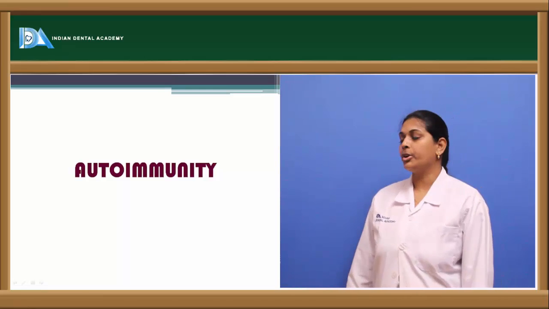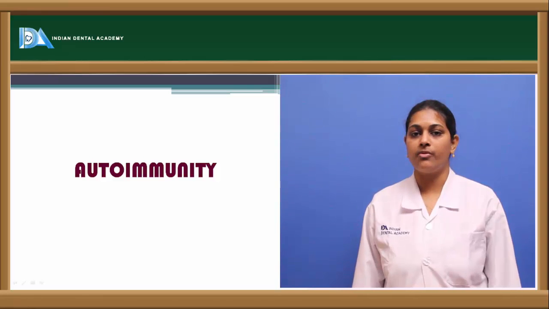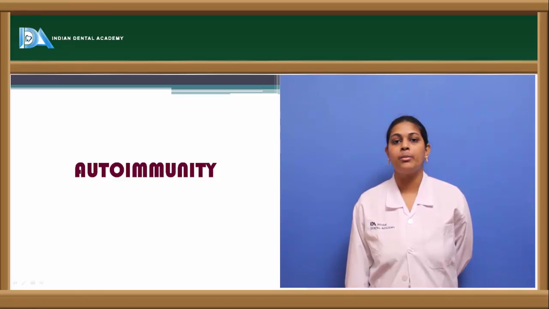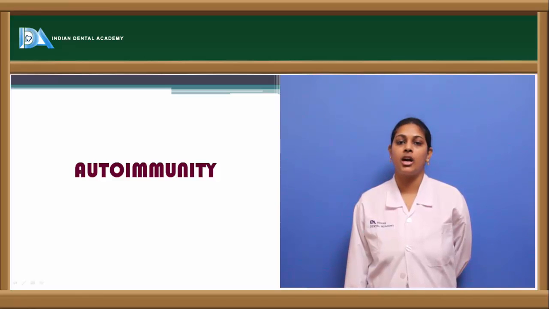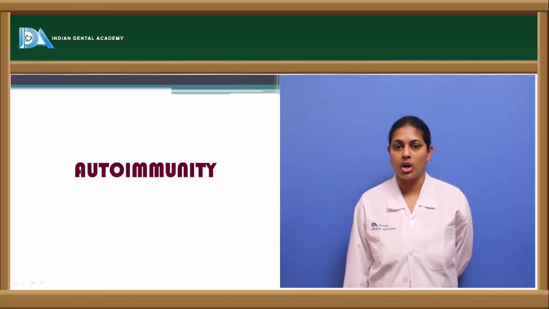Autoimmunity is actually the failure of the immune system to differentiate between self and non-self antigens. That is, the host immune system normally recognizes the self antigens and differentiates between self and non-self antigens.